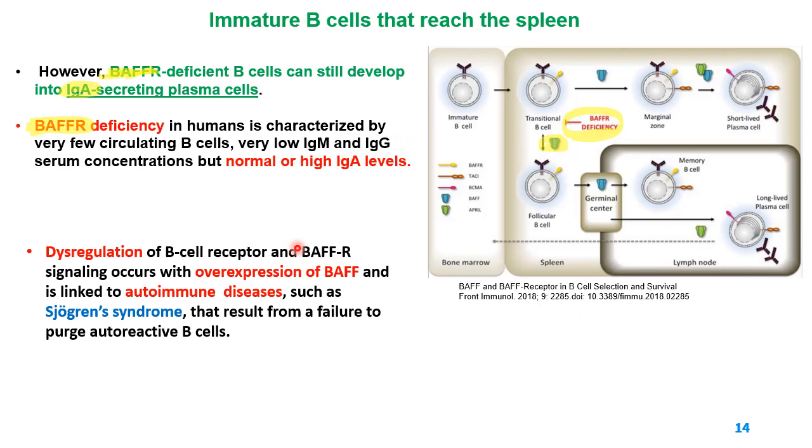This is indicative that there was no problem of B cell developing in the bone marrow because you have B cells, right? There is no problem of activating the B cells because you're getting antibodies, okay?